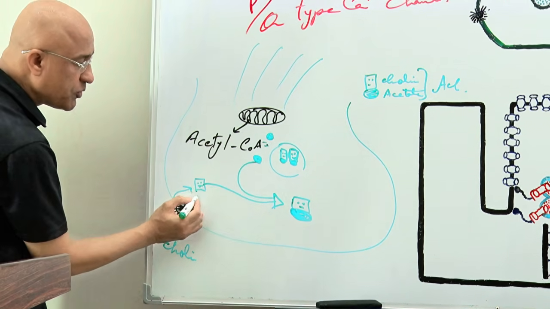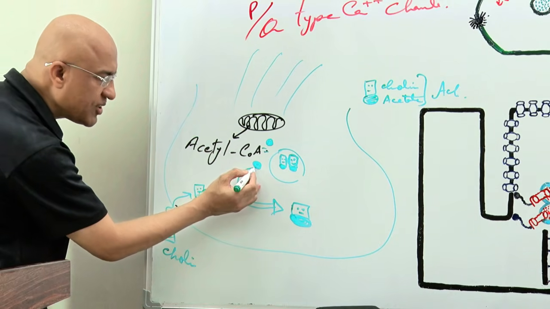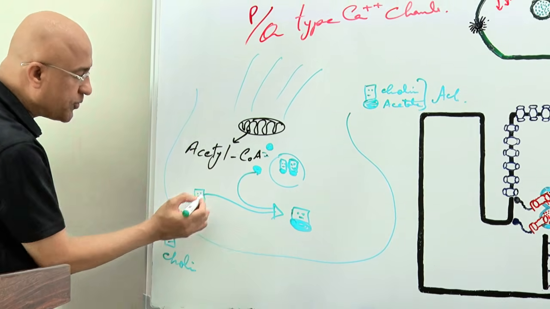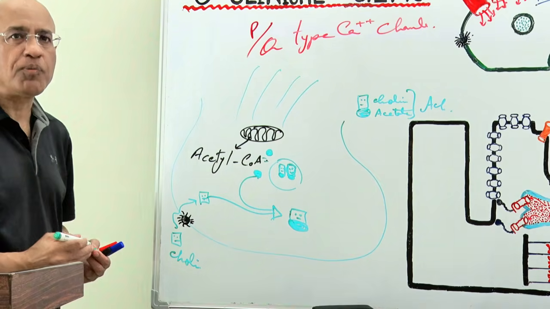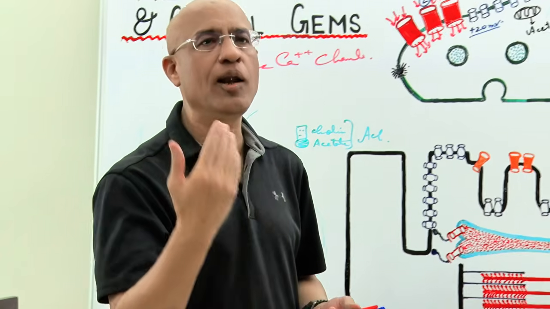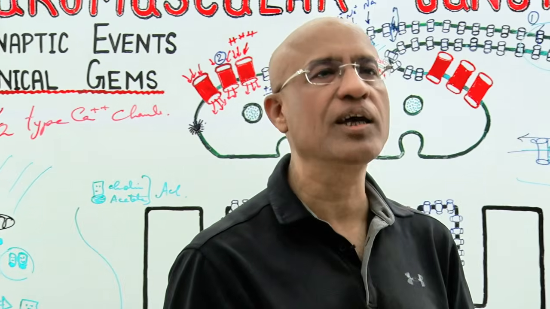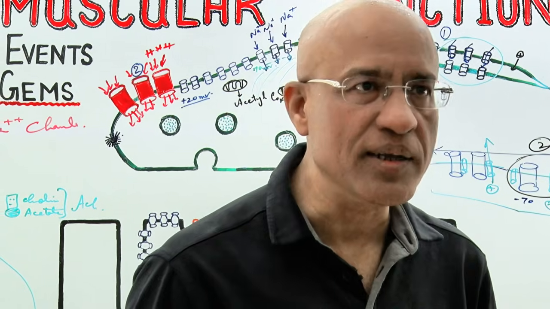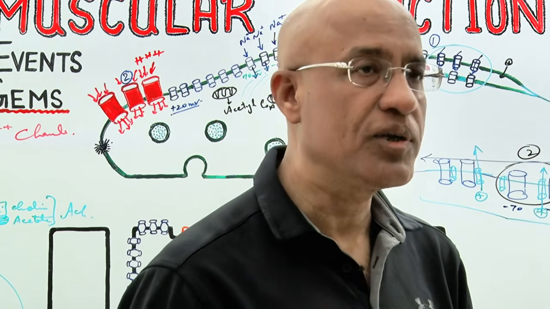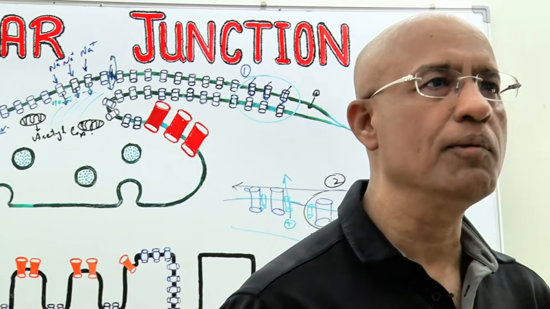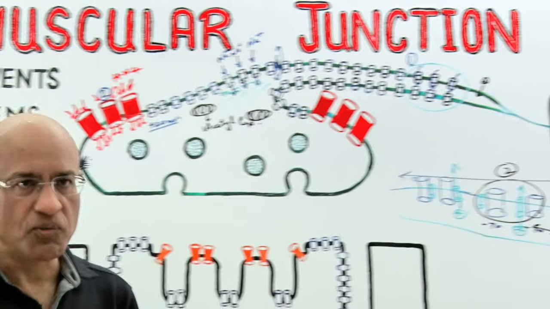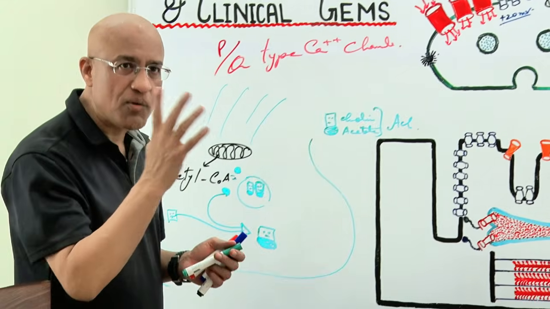The acetate component of the acetyl-CoA fuses with the choline, and this compound is now called acetylcholine. Choline which is acetylated, acetylcholine. And those nerve endings which have acetylcholine, we call them cholinergic nerve endings.